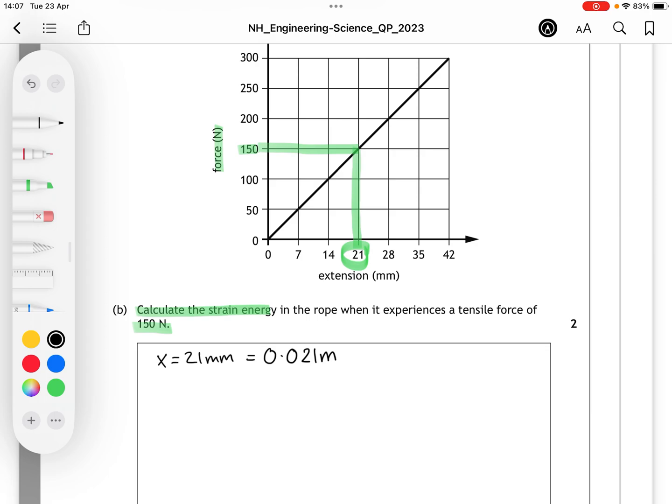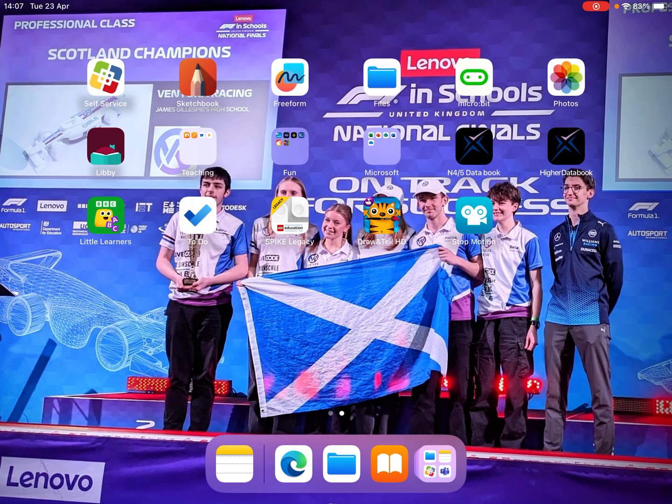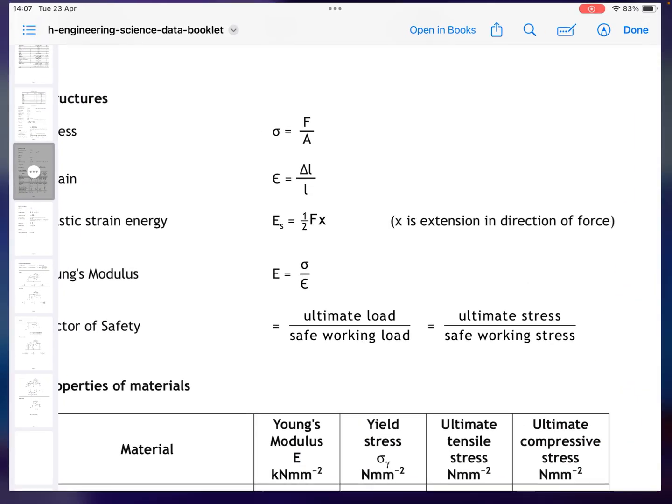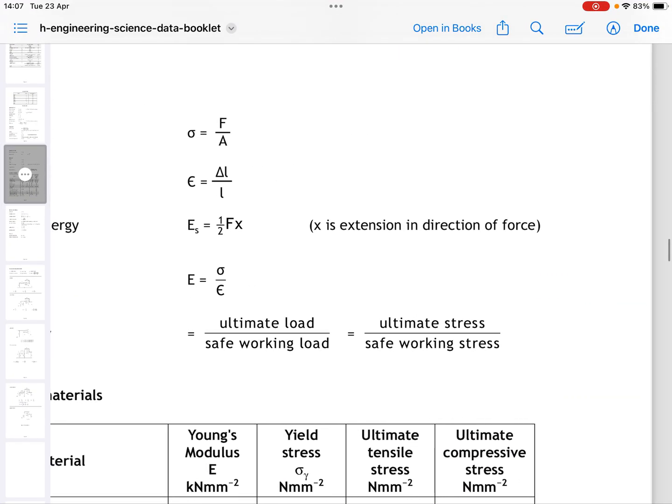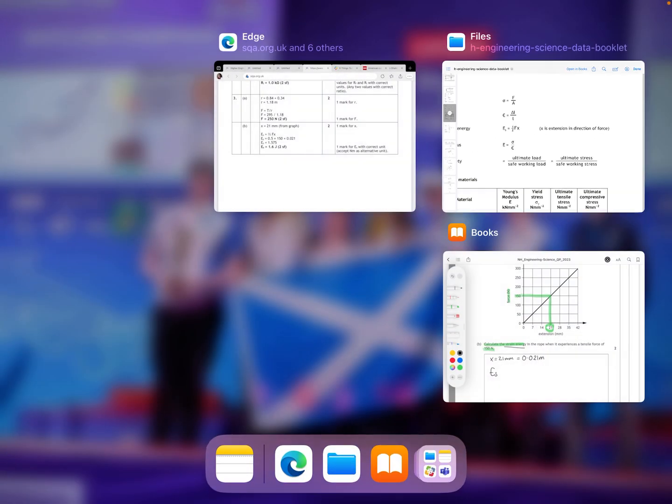And the next thing we need is our strain energy equation, which we can find from our data booklet. So here, elastic strain energy, ES is half Fx.